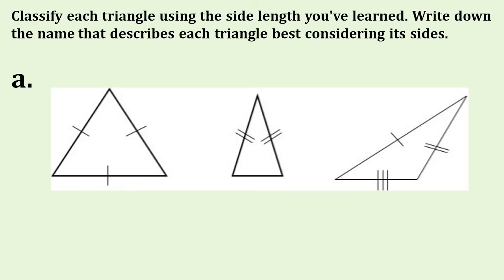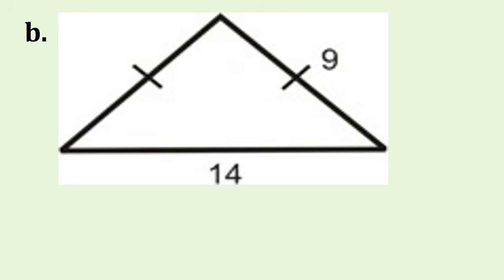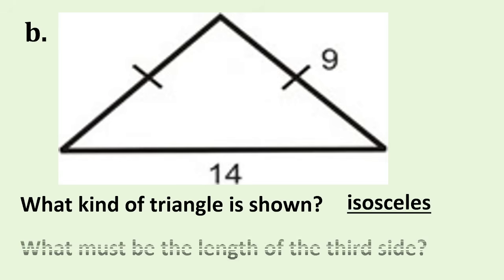Letter A. Equilateral, isosceles, scalene. Letter B. What kind of triangle is shown? So the answer is isosceles. What must be the length of the third side?